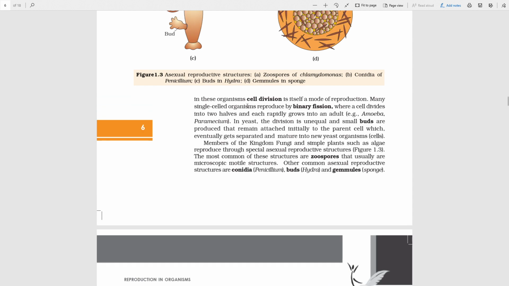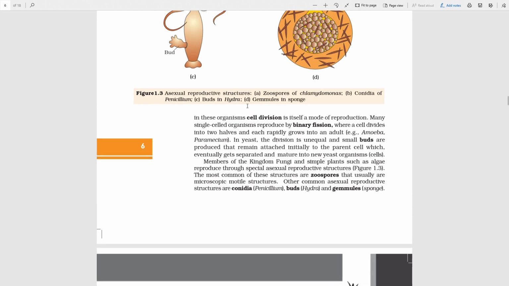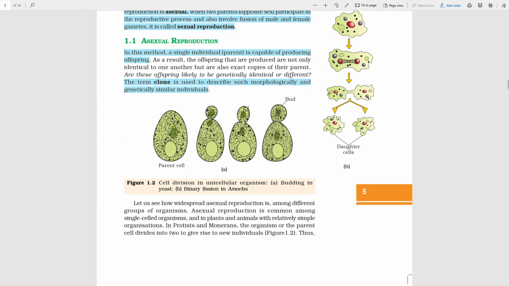In yeast, whereas, the division is unequal and small buds are produced that remain attached to the parent initially, which eventually get separated and mature into new yeast organisms. So see, over here there is a parent, there is a small outgrowth, the bud. Till the bud doesn't mature totally, it doesn't get detached from the parent, and the slight wall between the bud, offspring and the parent is known as a septa.